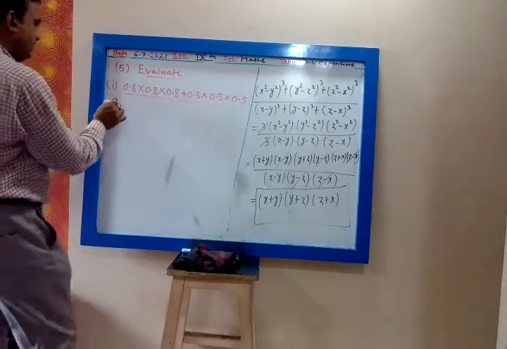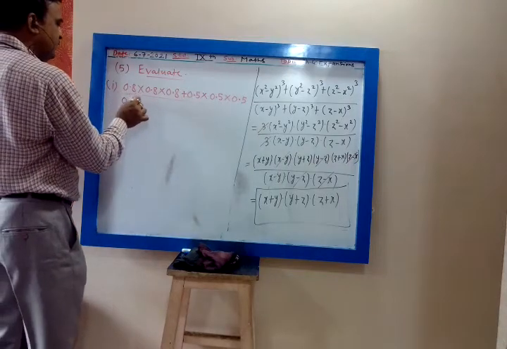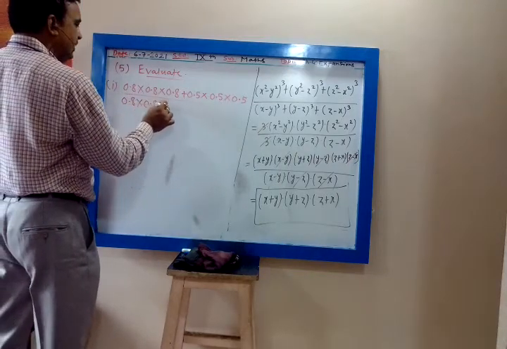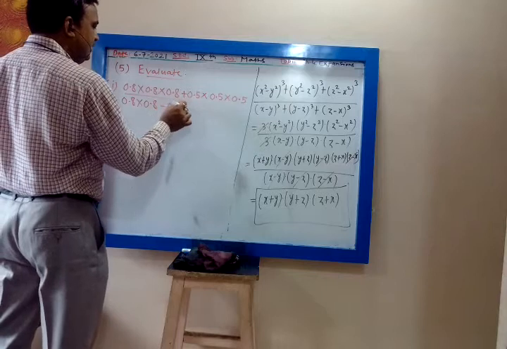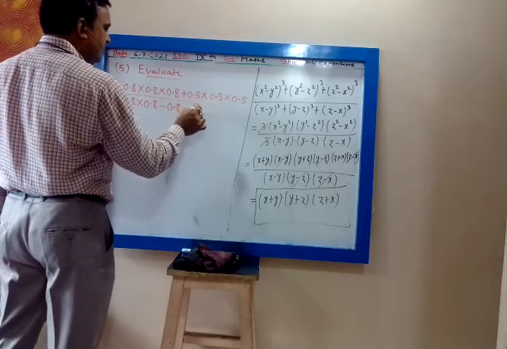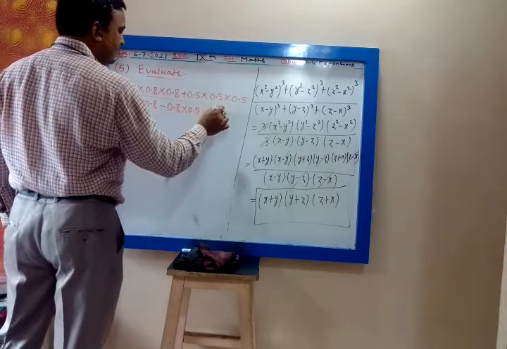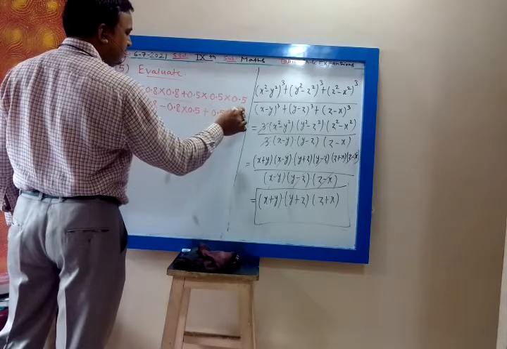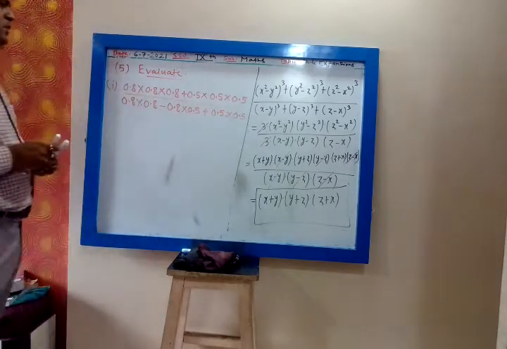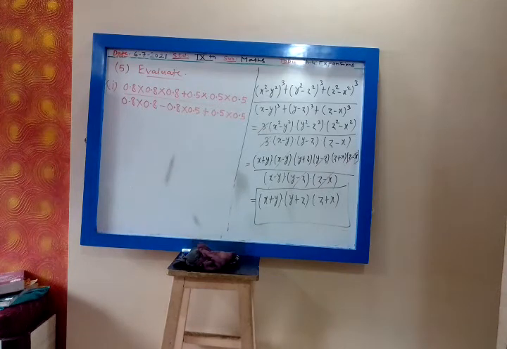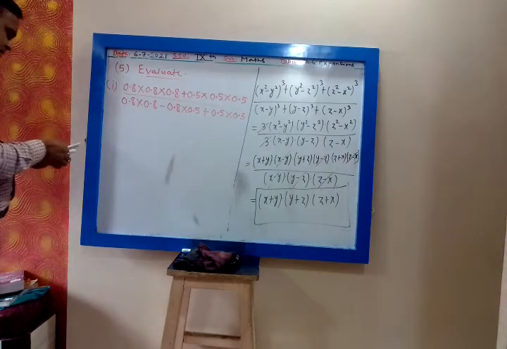Then it is 0.8 into 0.8 minus 0.8 into 0.5 plus 0.5 into 0.5. So you should not get worried about this kind of expression.